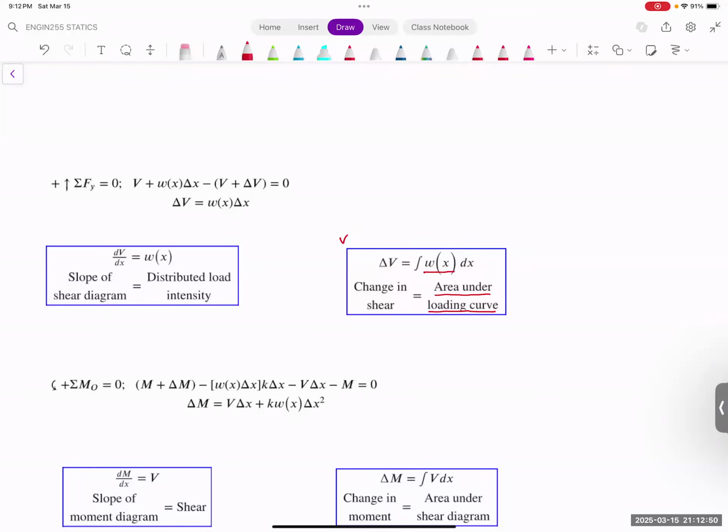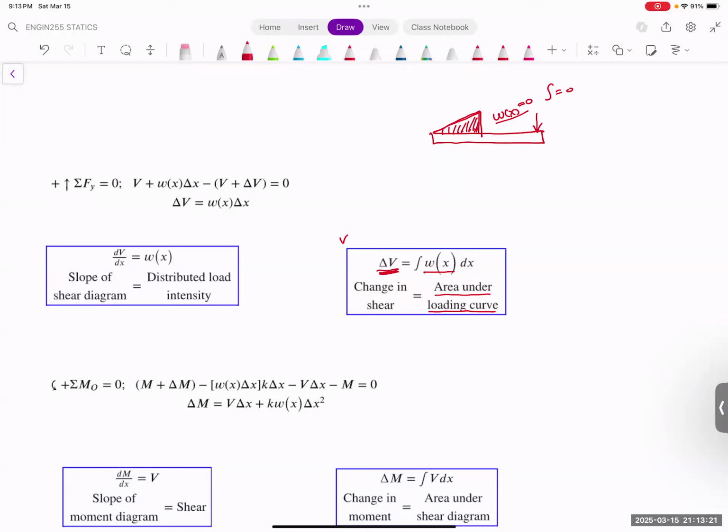If you don't have distributed load, such as this one here, if you have distributed load here, and then you have nothing in between, that means your Wx is equal to 0. When you have this one equal to 0, when you do the integration, it's going to be 0. That means there's no change of this value. But you are going to have a change of the V because of this distributed load.